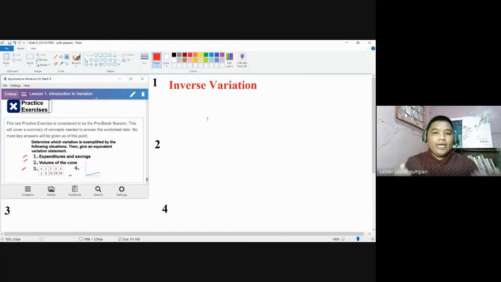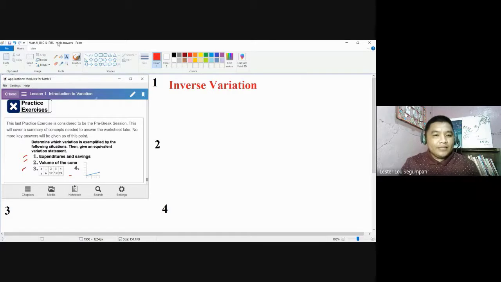So the key in identifying the variation statement is to determine which variable is independent and which is dependent. In this case, generally, savings is dependent on your expenses.